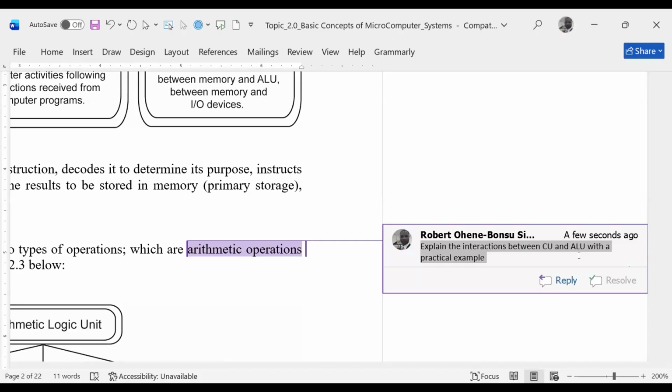Explain the interaction between CU and ALU with a practical example. Good. So we can try this. Explain the interaction between the two key components in the CPU with a practical example. Who can try this?